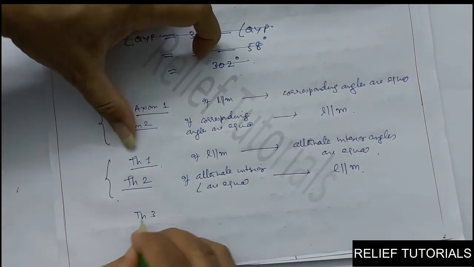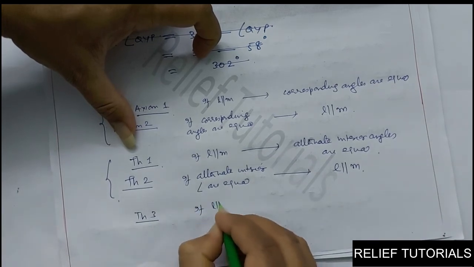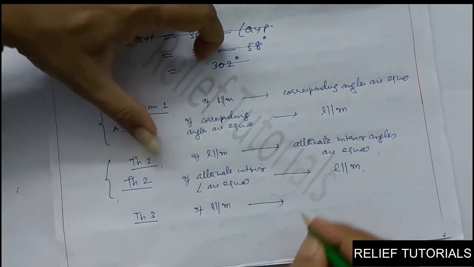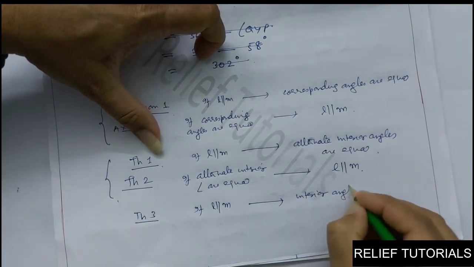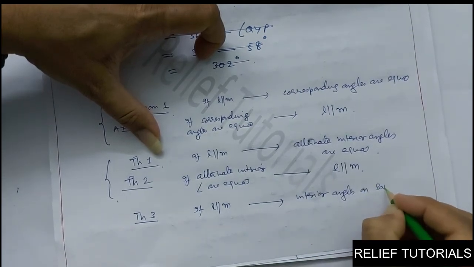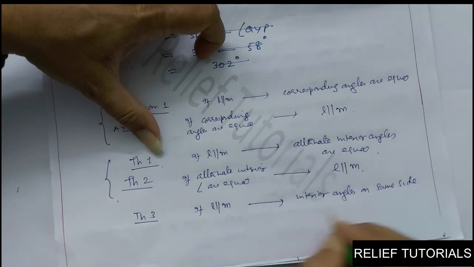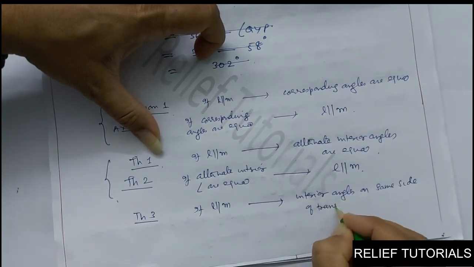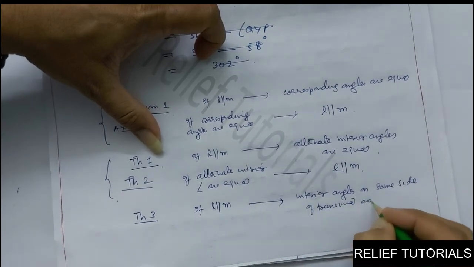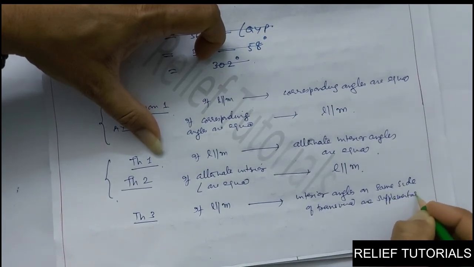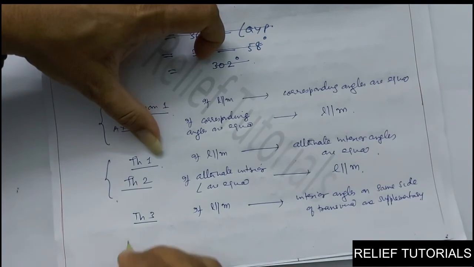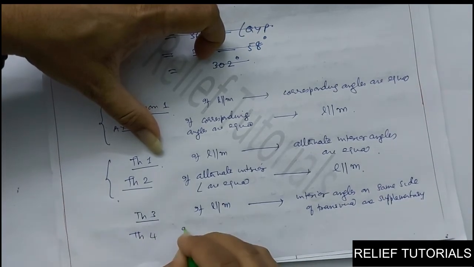Now Theorem 3. If L is parallel to M, then interior angles on the same side of the transversal are supplementary. Supplementary means the total is 180. Theorem 4.